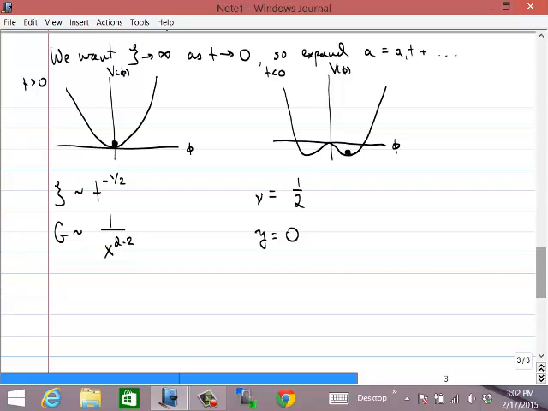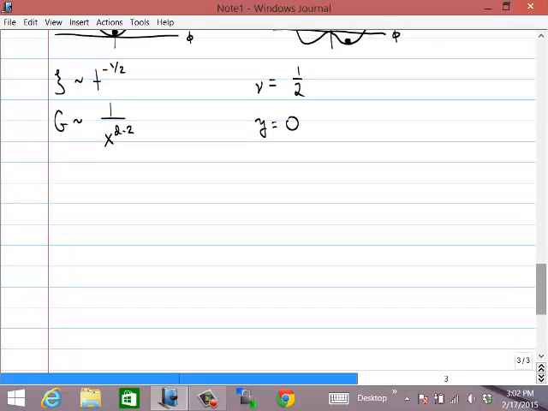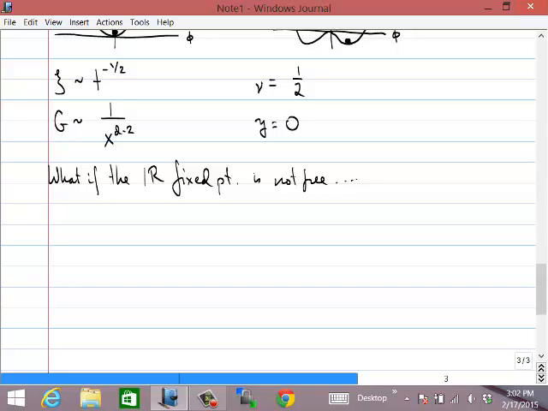Okay, so now what happens if the IR fixed point is non-trivial? What if we have a theory where in the infrared you have not a free theory but an interacting theory?